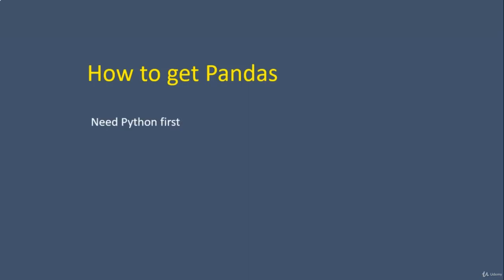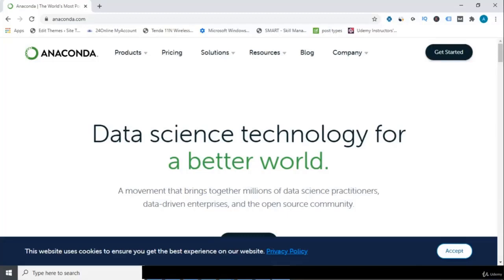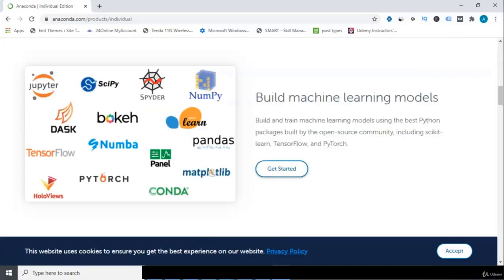Now, there are many ways you can get both of these softwares, Python as well as Pandas. The first option is you visit the website anaconda.com and then install Anaconda from there. Anaconda is a packaged distribution that gives you Python, Pandas, NumPy, and lots of other Python libraries to work with.